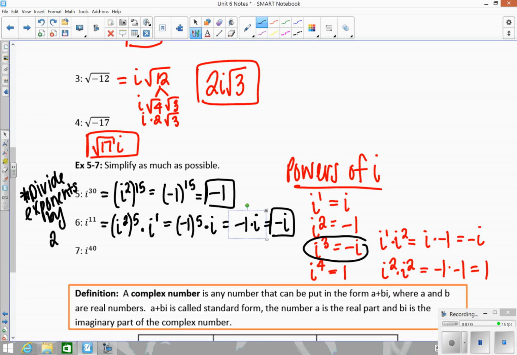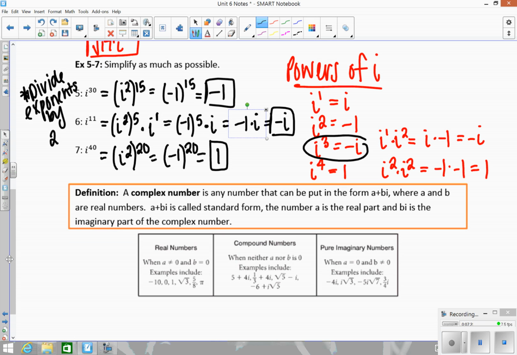But when you have things like 40 or 30, that's a lot to count. So you could count it out, but you could also just use these properties. So i to the 40, I could rewrite as i to the second, raised to the 20. So this would be -1 raised to the 20, which is just going to be 1 since it's an even power. So that's it with imaginary.